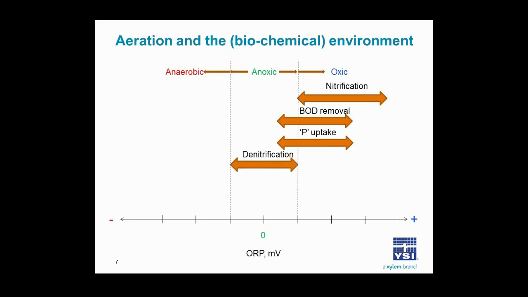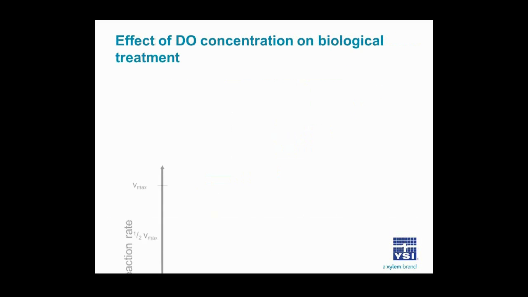But the general understanding is denitrification is exclusively in the anoxic region of this chart. Moving over to the anaerobic zone, phosphorus release, the second part important for biological phosphorus removal, occurs in the anaerobic zone. And then fermentation, which is important for sludge treatment but also for biological phosphorus removal, also occurs in this zone. So by managing aeration, you control the environment for the biology.